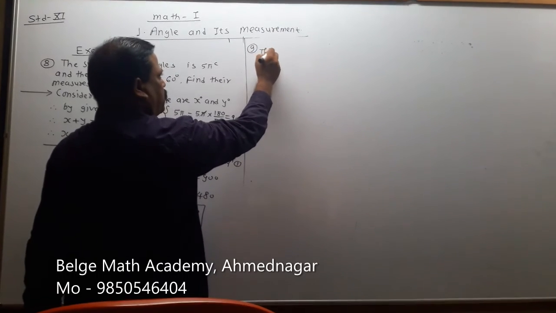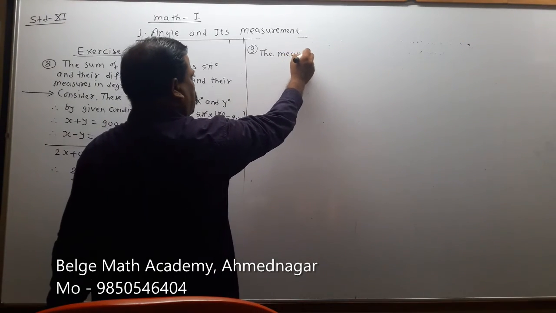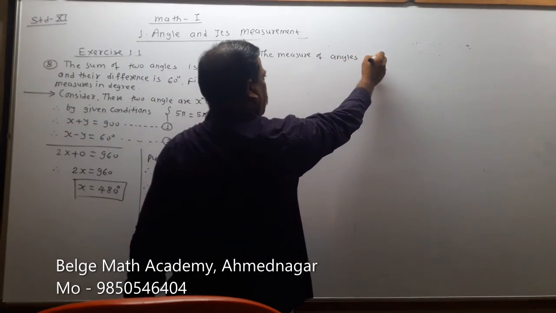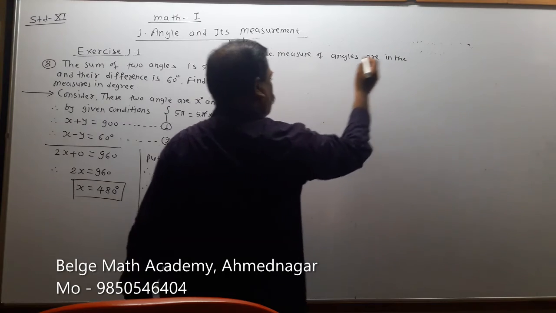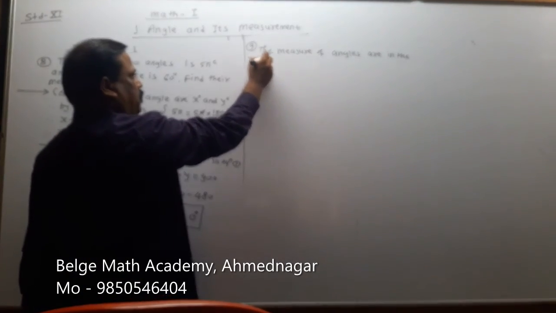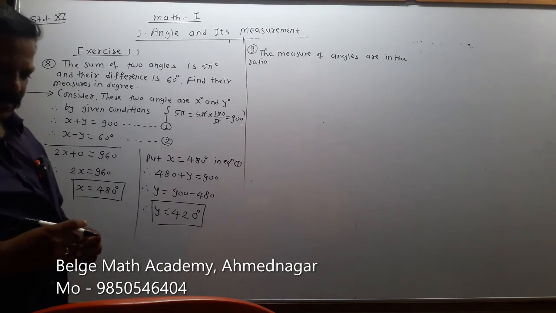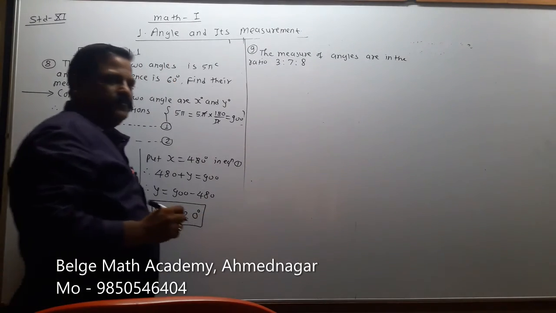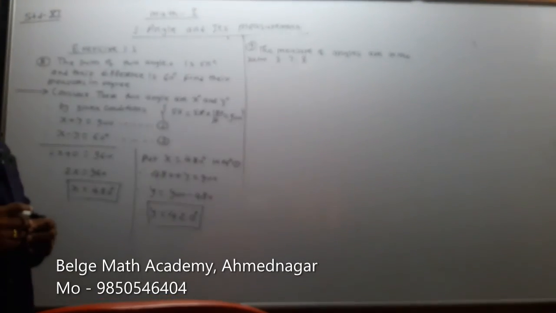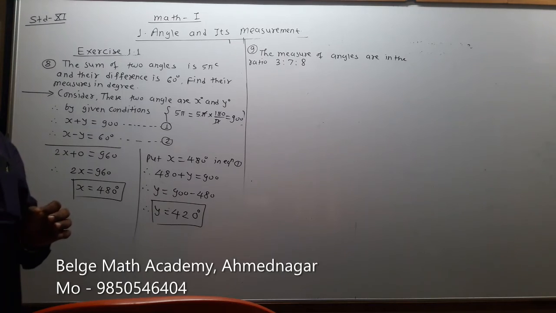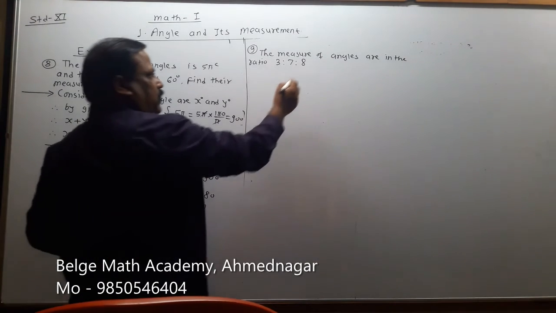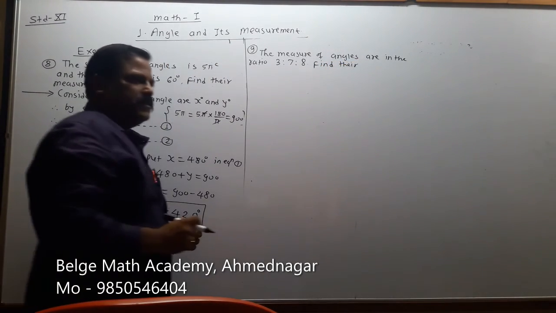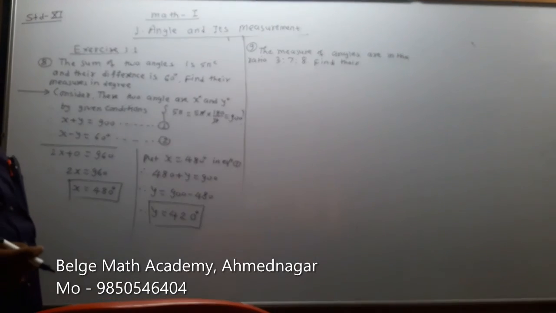The measures of angles are in the ratio 3 as 7 as 8. Find their measures in degree and radian. Find their measures in degree as well as in radian.